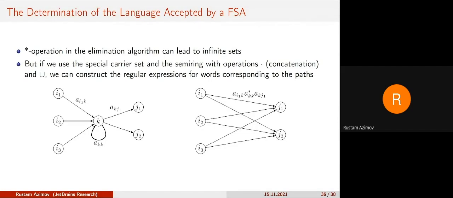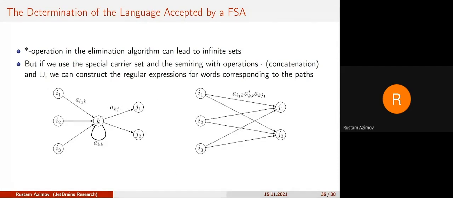And also, let's look again at the finite state automaton, but we now want not to determine the language, but we want to describe it by constructing the regular expression, and this can be done very easily. We already see this figure.